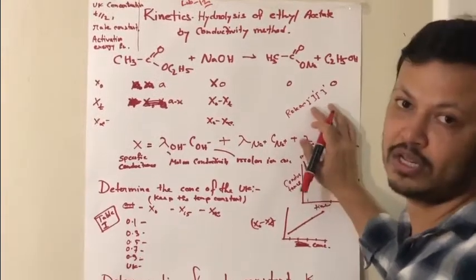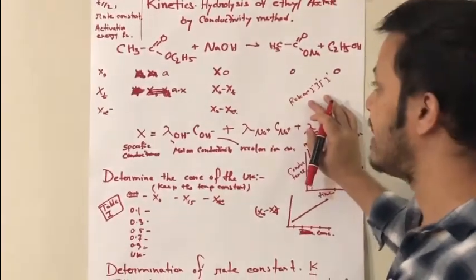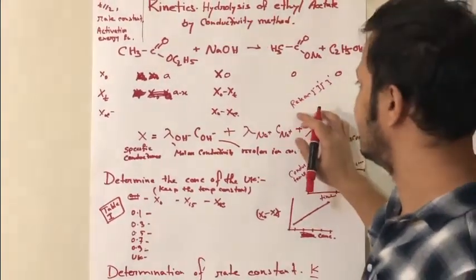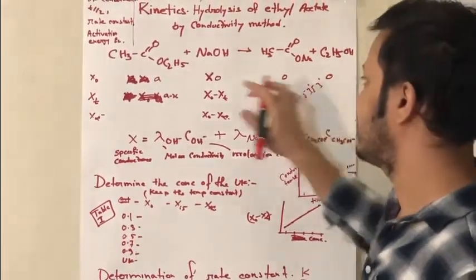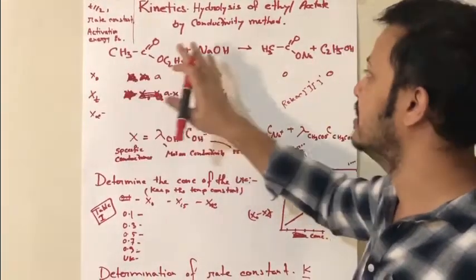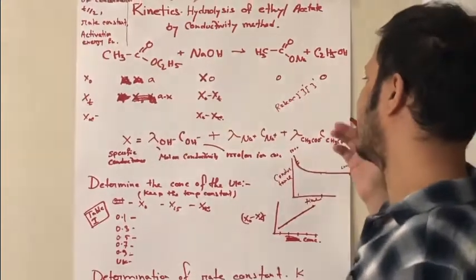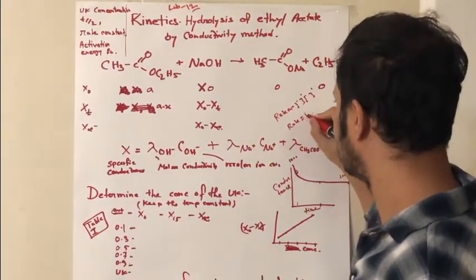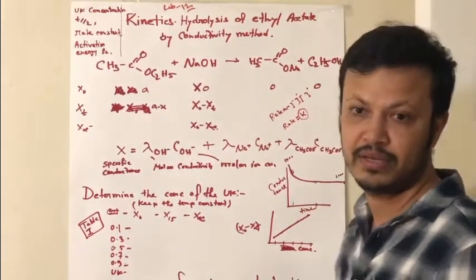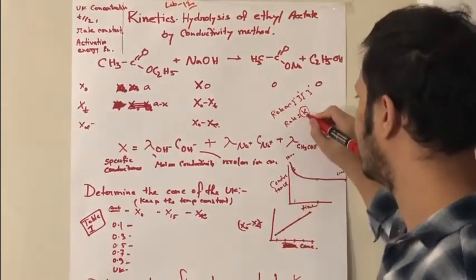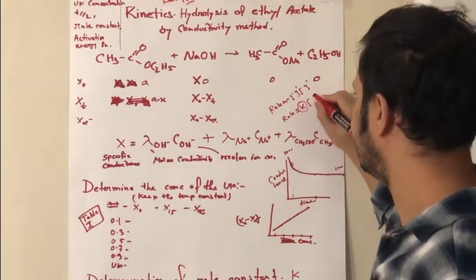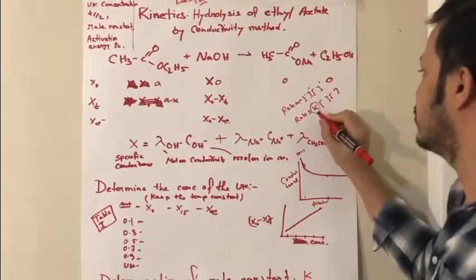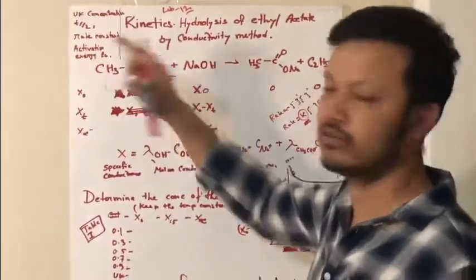So it is a second order reaction. If the reaction rate depends on the concentration of two reactants, then it's called a second order reaction. The rate constant is the proportional constant K. So we are going to find out K, the rate constant.